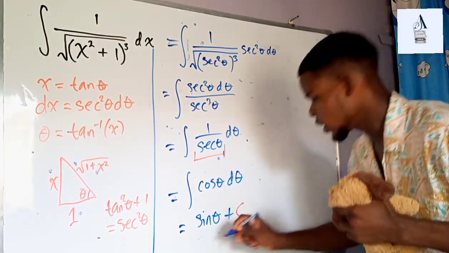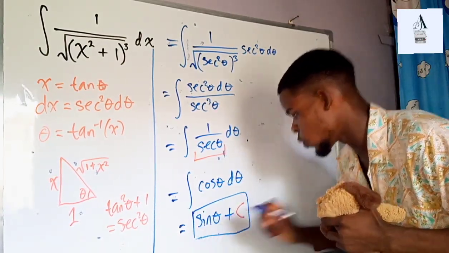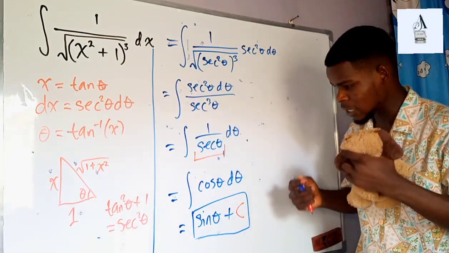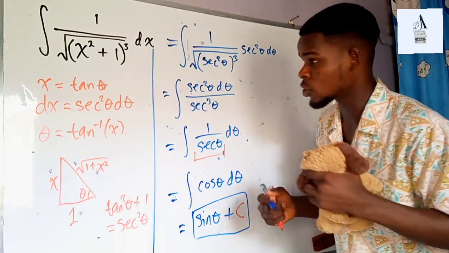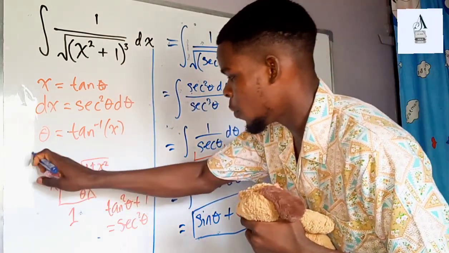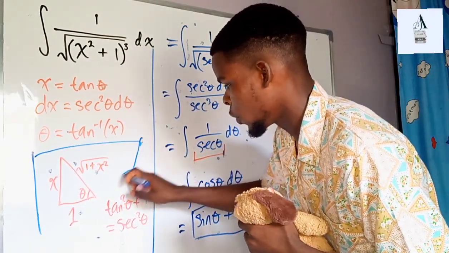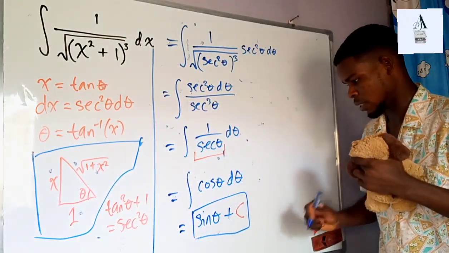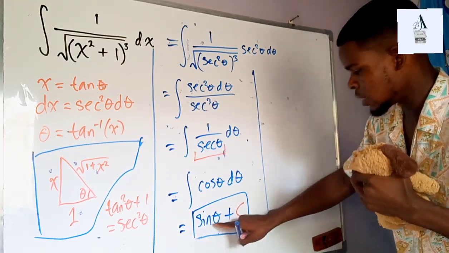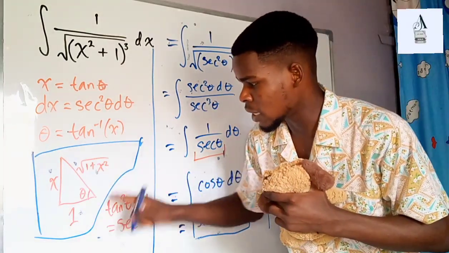All right, this seems nice, but this is not where we stop, because we need to get back to the original variable, the x variable, by backward substitution. I've broken everything down using this right angle triangle, which is going to help us right now. So this is sine theta. What is sine theta from this right angle triangle?